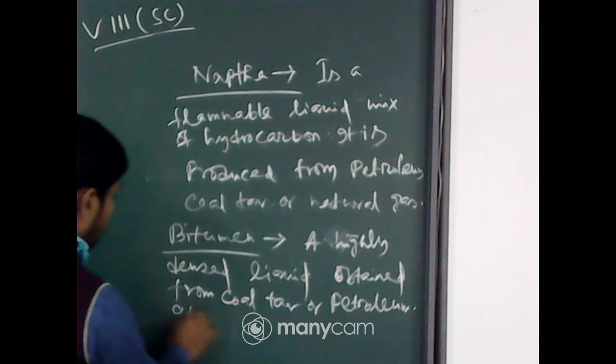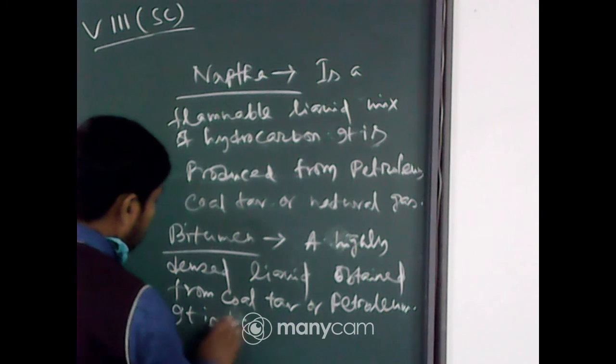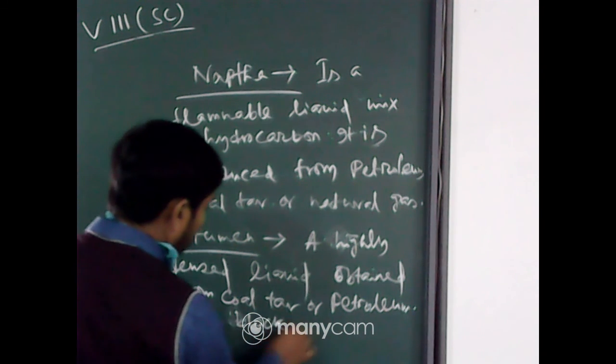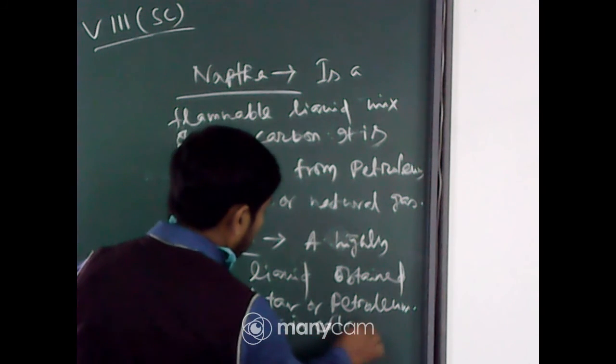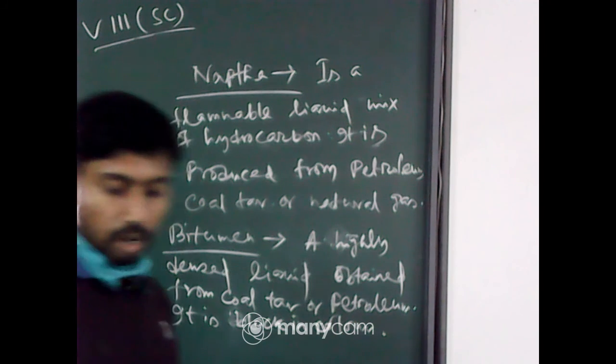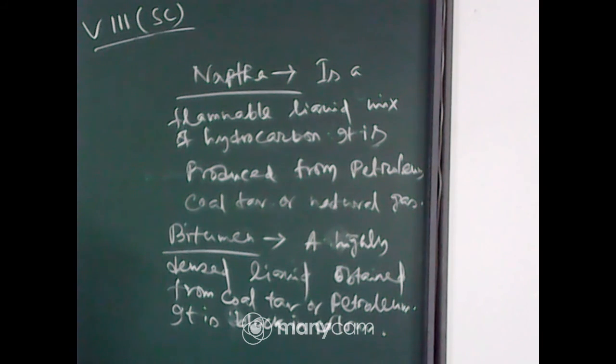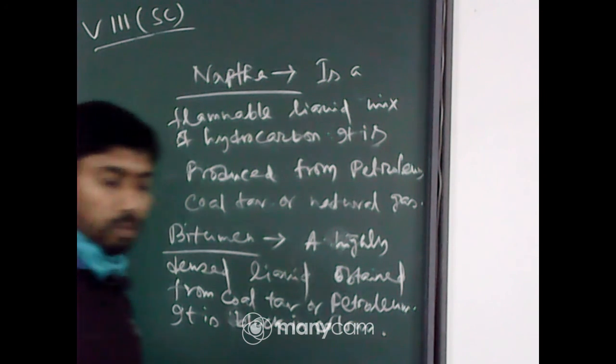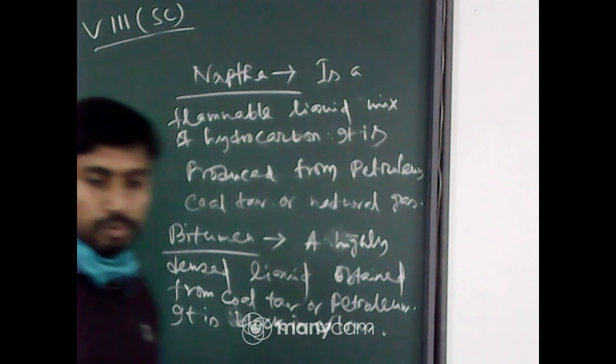It is basically black in color. It is a highly dense liquid obtained from coal tar or petroleum. It is black in color, and for use you will write road surfacing, paints, etc.